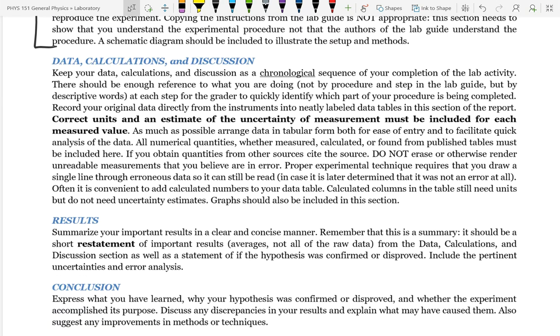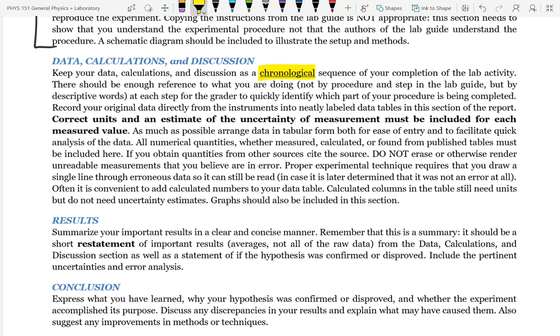Data, calculations and discussion. The data, calculations and discussion is the stuff that you can't do before you come to class, right? Everything up to that point you could have done before you came, right? It's in the lab guide. You can just go along and do it. The data, calculations and discussion, you can break it out into pieces if you want, but I think it makes the most sense to just make it one section, and it should be in chronological order.